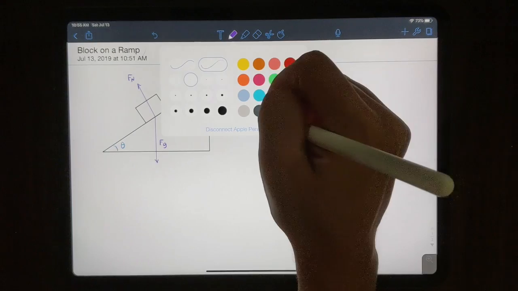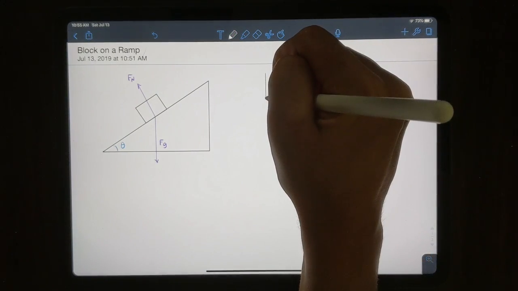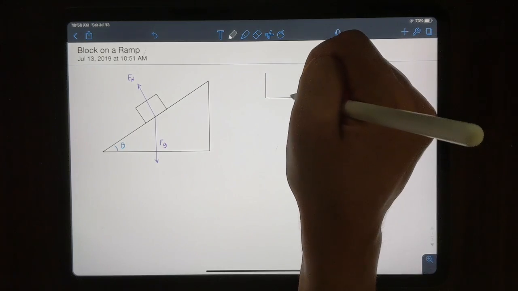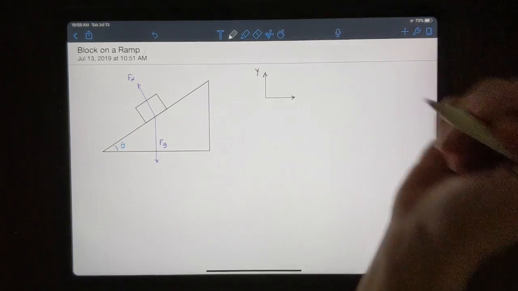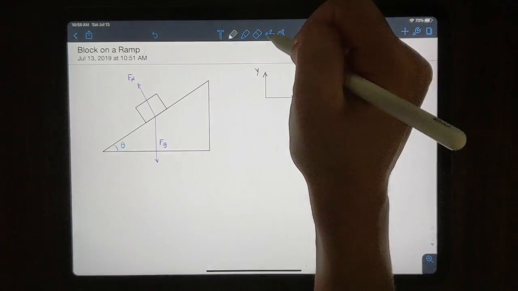The next thing we want to do is define a coordinate system. Usually, we take vertically up to be positive y, and to the right to be positive x. But for a tilted system like this, that's actually not the most beneficial way.